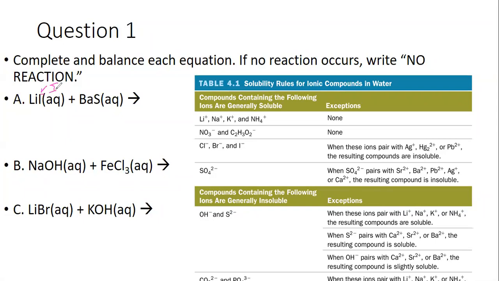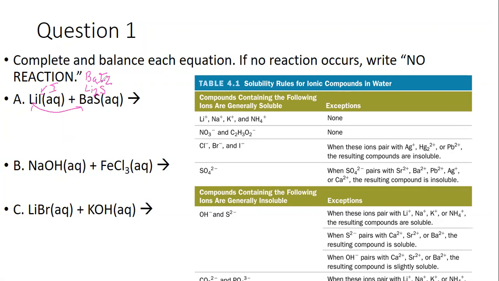So the first thing I would do is write down what your products are. And remember, you do that by just switching the cations around. So when we mix these two together, our possible products are BaI2 and Li2S. And you might be asking yourself, how do I know things are twos? Like, how do I know it's BaI2?